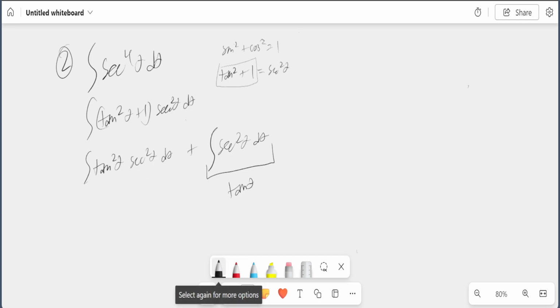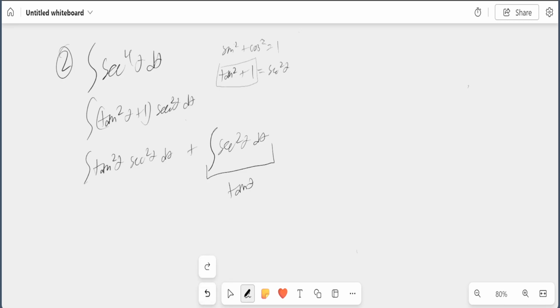You could. There's probably a way to do this by parts. Do u dv, the secant theta, and then secant theta times tangent theta, yeah, that's probably the best way to do it. Is this what you're saying? Oh, you split secant squared theta, the secant theta, yeah, secant theta. I was thinking about that as well. I was wondering which way would. Oh wait, yeah, never mind.